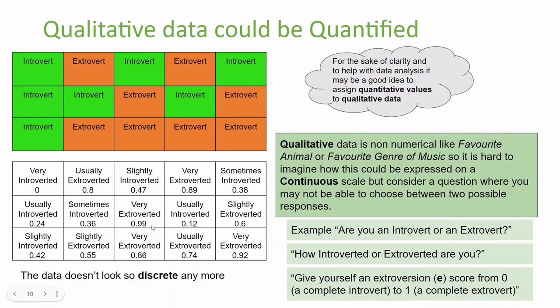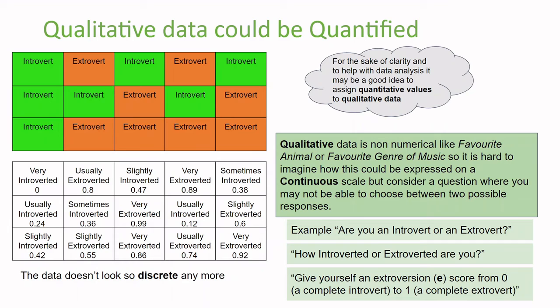That is nearly a perfect score for extroversion, a complete extrovert. Everybody gave themselves a score between 0 and 1, and now this data definitely doesn't look discrete anymore. It definitely looks continuous because these are decimal values that could lie between any given values between 0 and 1.